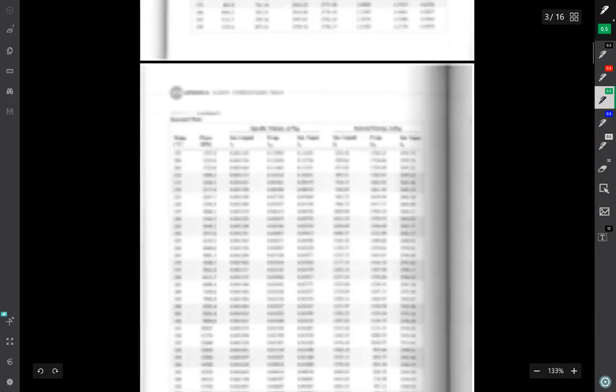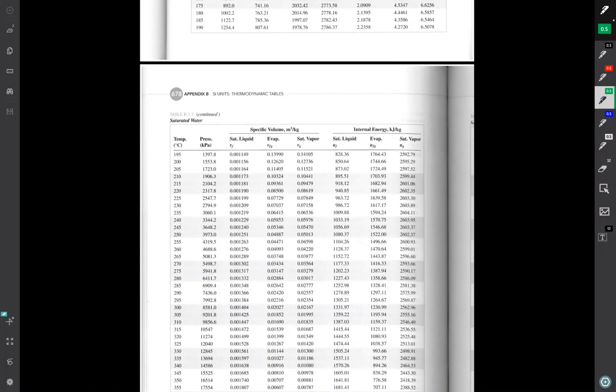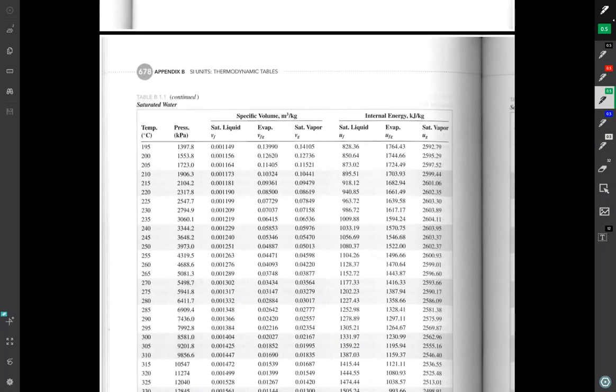We're going to start looking at the saturated water tables, and we're going to find 200 degrees Celsius. And we're going to see what pressure corresponds to that. So the pressure in our system was 600. What this is saying is the pressure would need to be 1553.8 for the system to be boiling. Because our pressure is less than that, that means we have a gas. If the pressure is more than that, we have a liquid. If it's less than this, we have a gas.